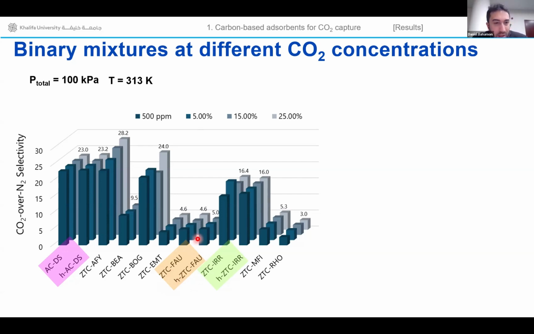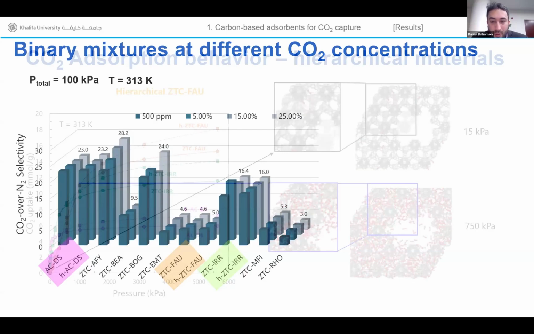And also to mention here that, of course, the materials showing the higher selectivity are basically the ones that I showed before that were showing higher slopes at very low pressure. So the materials with the lower pore volume and surface area were showing the highest selectivity in our case.